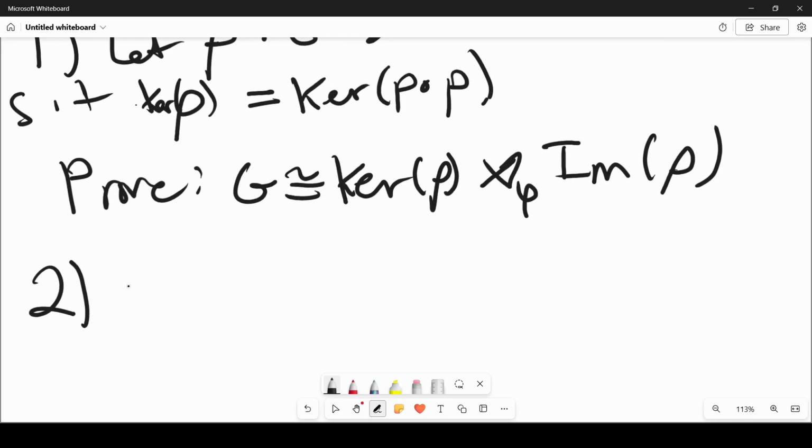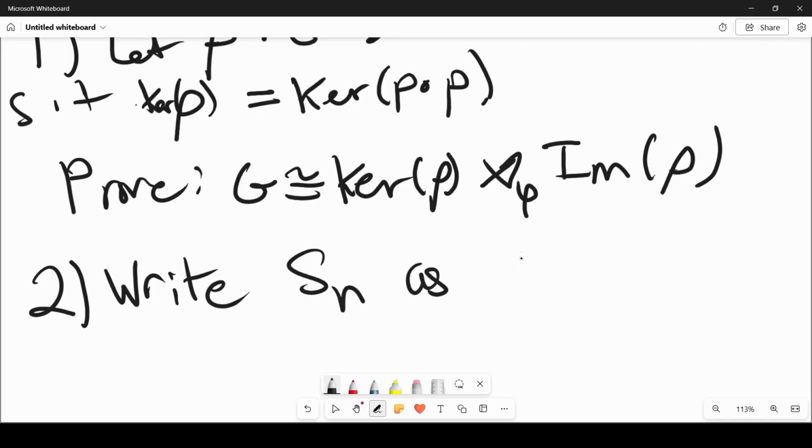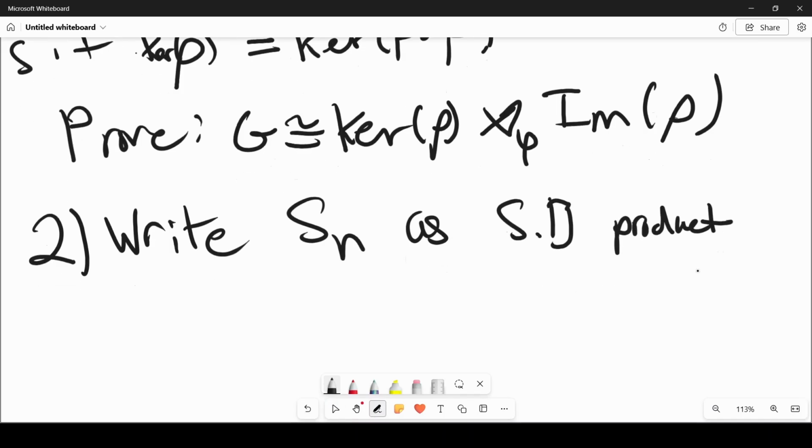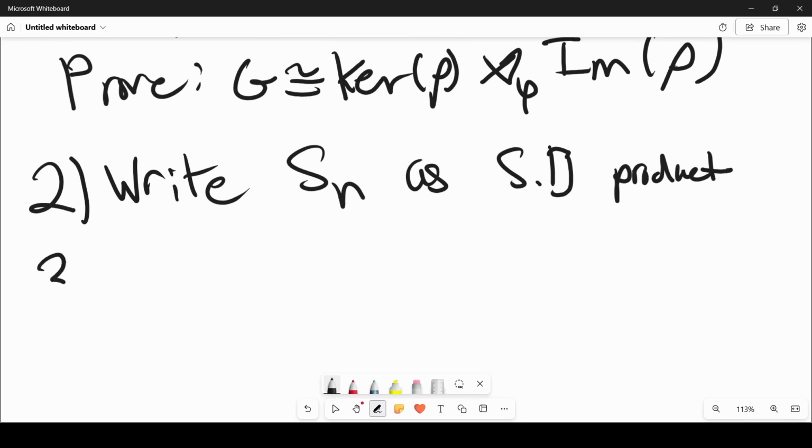Second exercise is I want you to write or describe Sn as a semi-direct product. So think about the structure of Sn and any subgroups you can use, one of which is normal, to describe it as a semi-direct product.